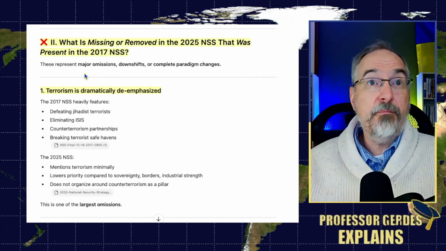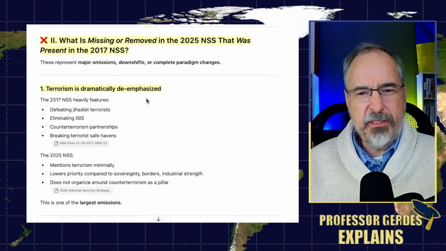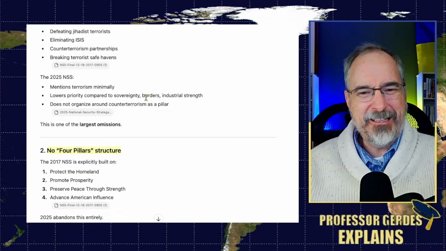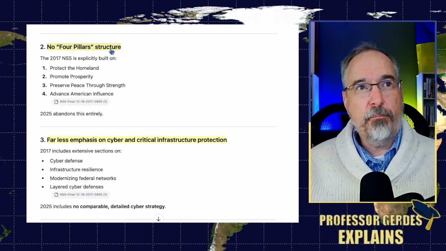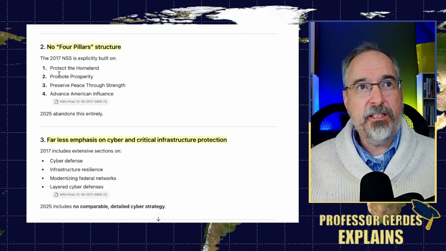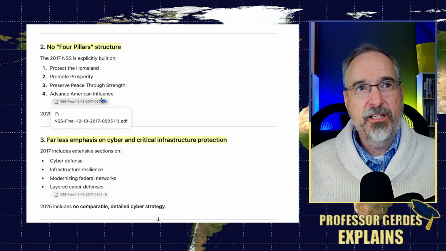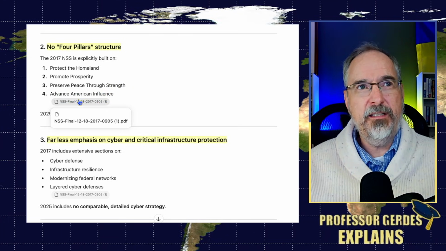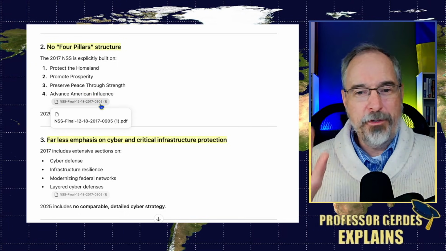Okay, what's missing? Well, terrorism is dramatically de-emphasized, but it could be de-emphasized because it's not as predominant as it was before. No 4-pillar structure about protecting the homeland and promoting prosperity and preserving peace through strength and advancing American influence. And this American influence thing, we're not trying to advance it anymore.